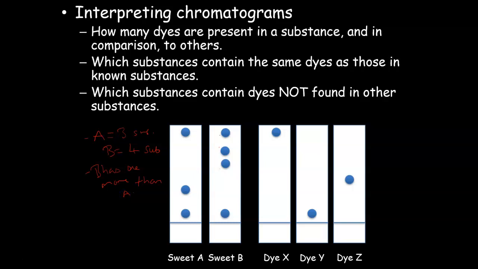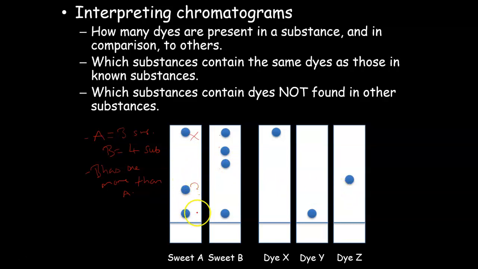Now the second bit is which substances contain the same dyes as those in known substances. So we're going to look at A and see which of these 3 are also lining up with X, Y, and Z, because then we can literally identify what they are. If we look at this first dot, it lines up with this one, which is dye X. We know that that is X. If we look at this one, that actually doesn't line up with any of them. So I'm just going to put a question mark and we'll come back to that later.